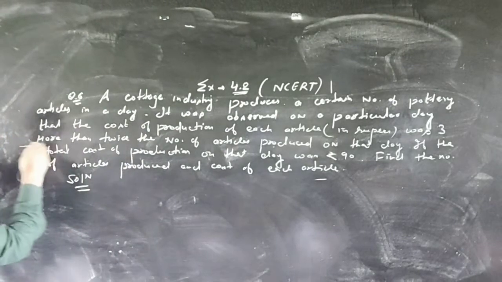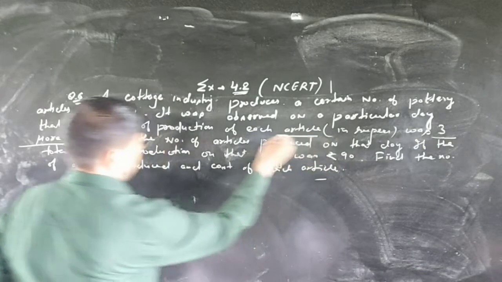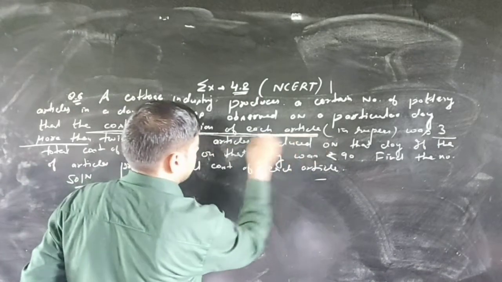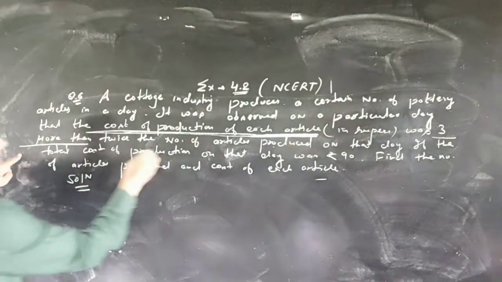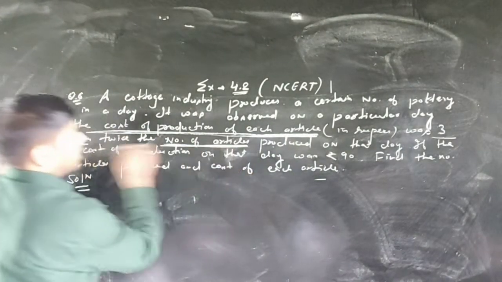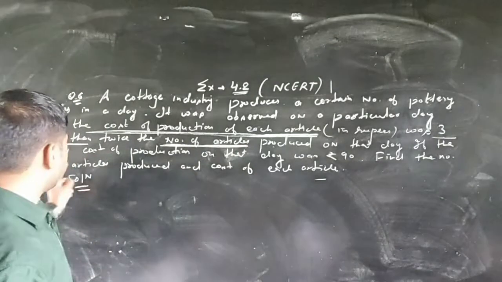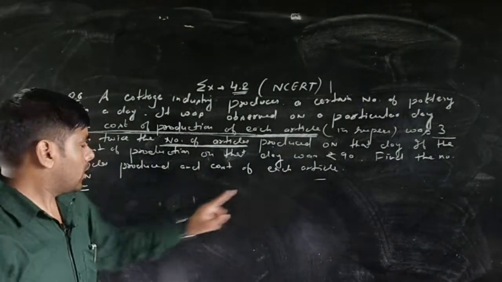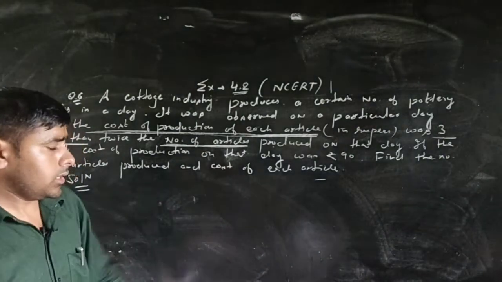This is the main point. If the total cost of production on that day was rupees 90, then find the number of articles produced on that day and the cost of each article.